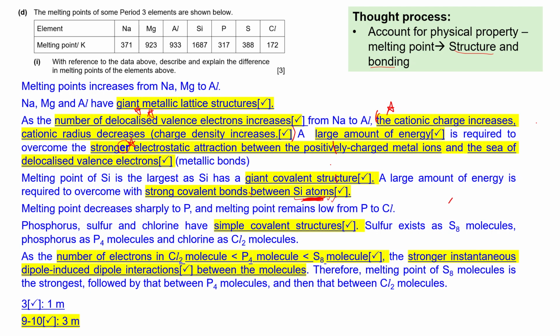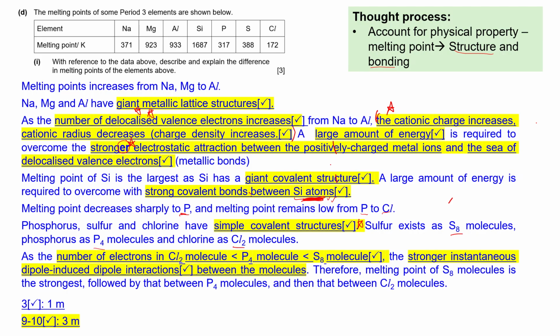Next, you notice that the melting point decreased sharply to phosphorus, and melting point remains low from phosphorus to chlorine. Now, most of you identified that phosphorus, sulfur, and chlorine have a simple covalent structure, and that sulfur exists as S8, phosphorus as P4, chlorine as Cl2.